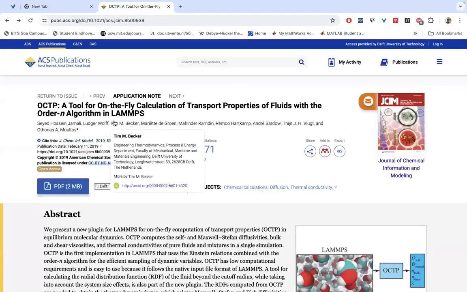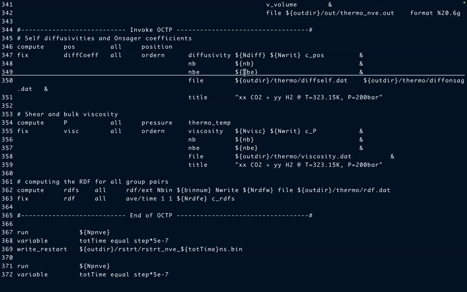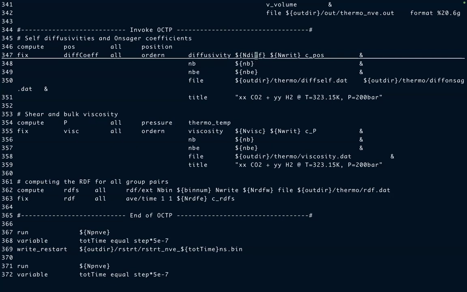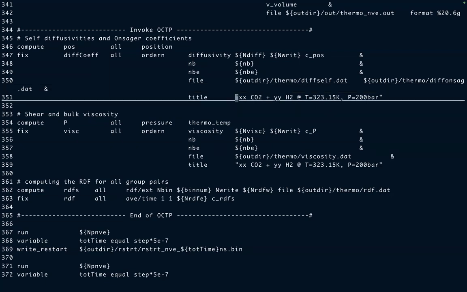So I urge you to go through this article to clearly understand the different values of these parameters. It would suffice for you to use the parameters that I've currently used.